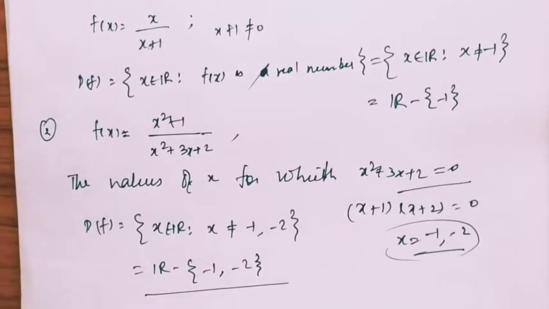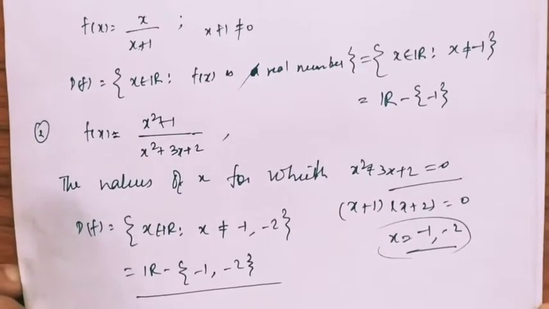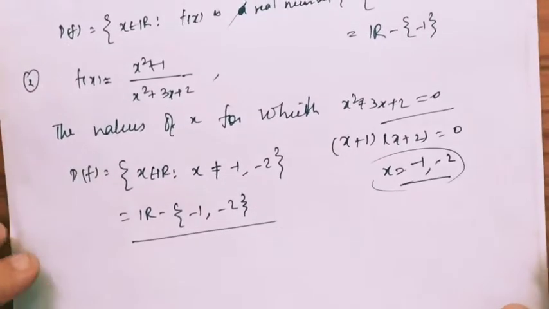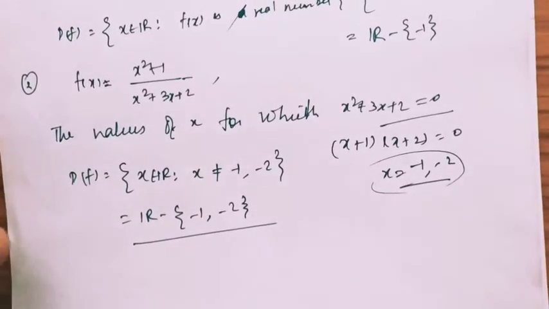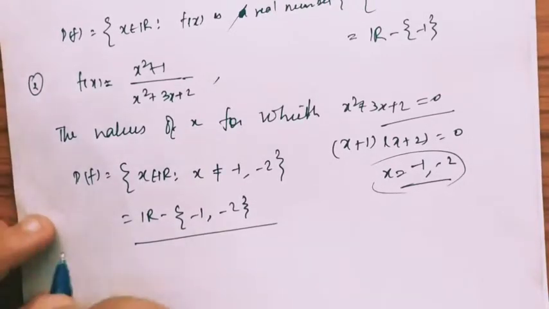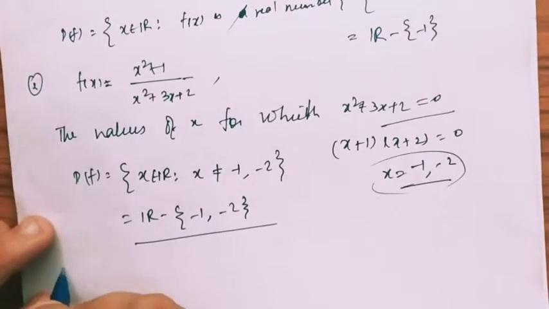For the range you follow the same procedure, selecting the values of y such that x equal to g(y) is a real number. Let us look at a very simple example, f(x) equal to x upon x plus 1.